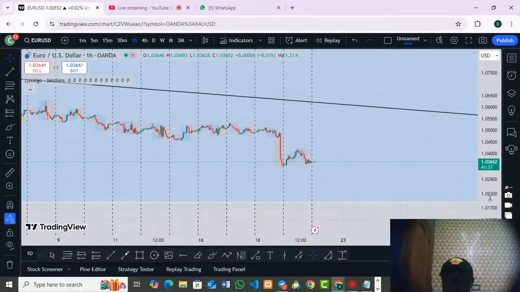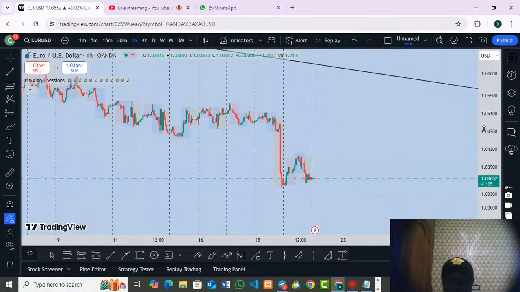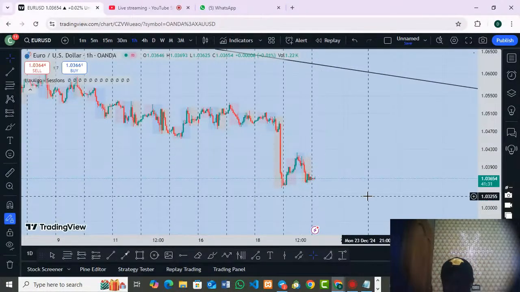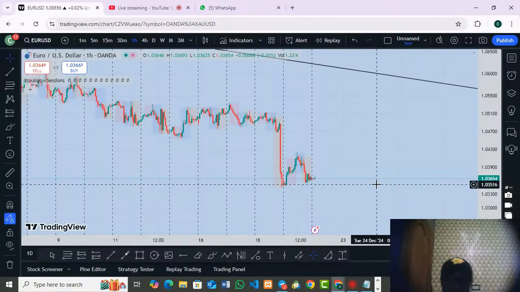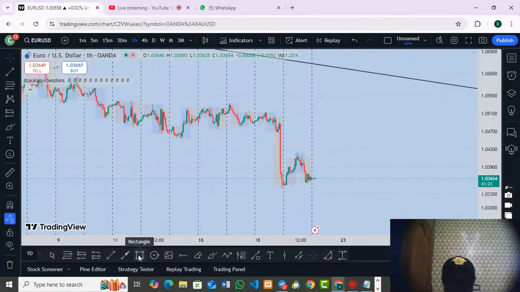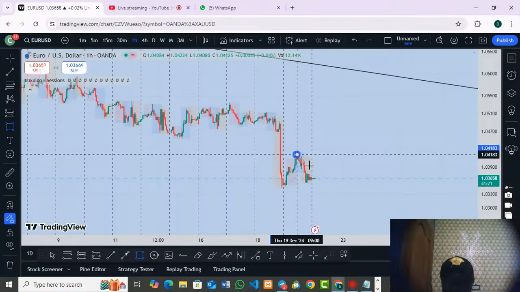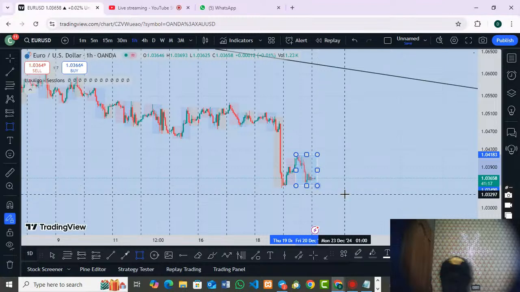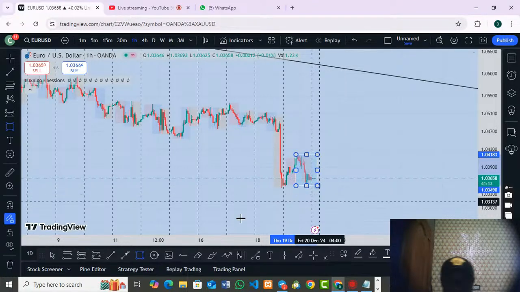When we go to the 1 hour time frame, we can have this market structure over here. In this scenario, to have an entry point, this is also a beautiful market structure. You can also put another box over here, and another box over there.